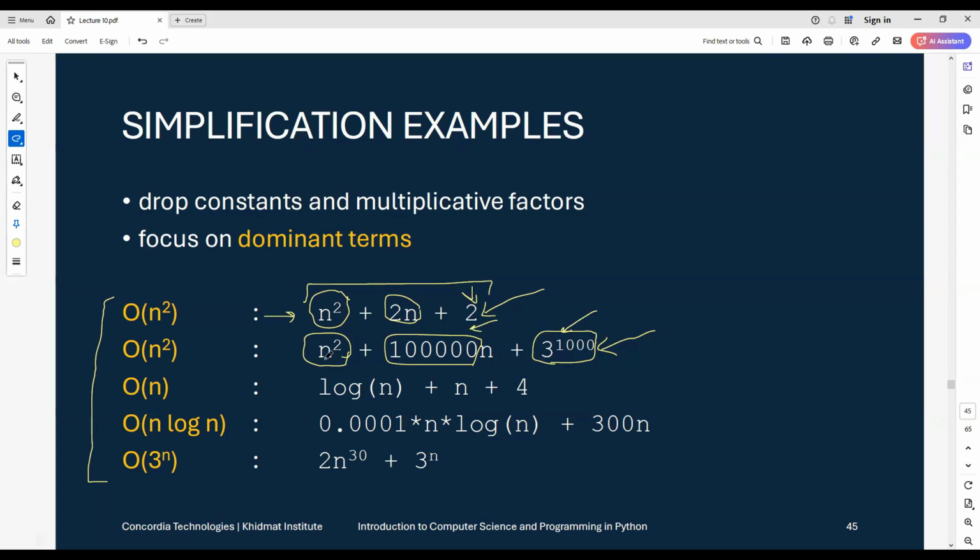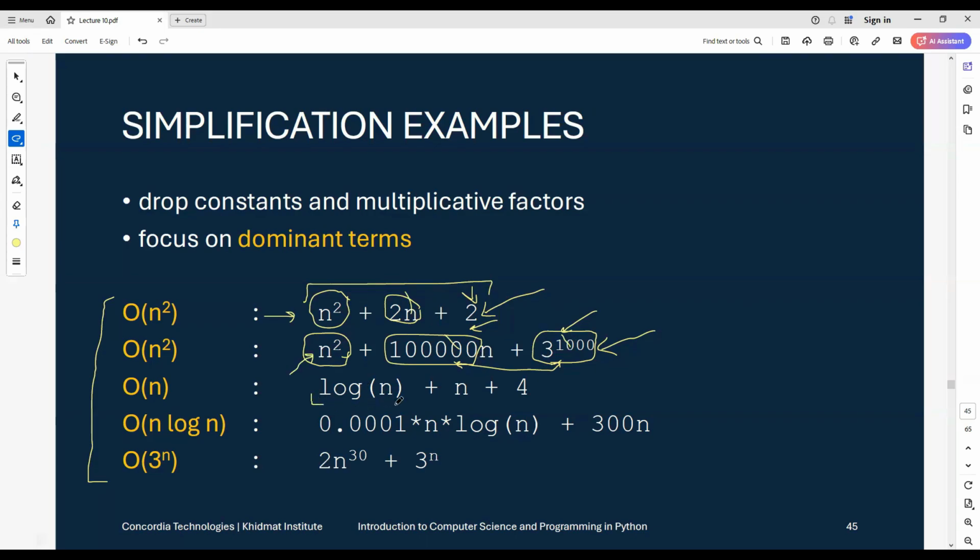But still, when n goes into millions or hundreds of millions, these two terms would basically disappear in front of it. And the only thing that would matter is this n squared. I will show you a few examples in a minute, and you would be able to identify why these terms won't even matter when n becomes very large.